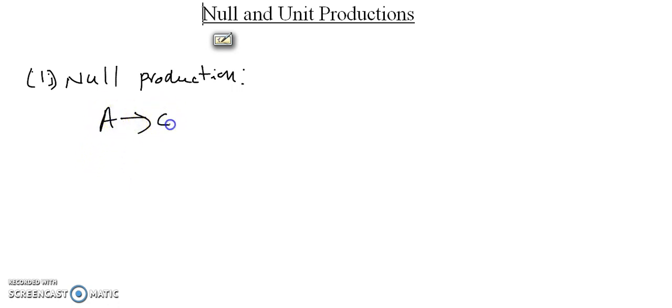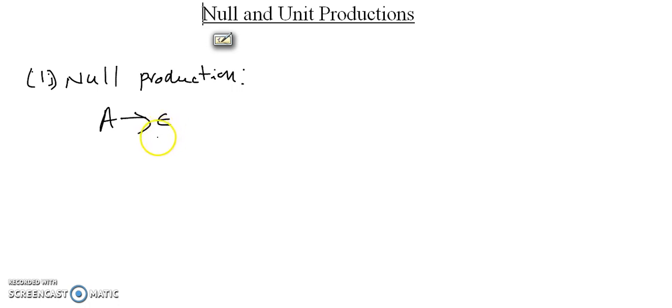And the first production is, what is null production? If the production is of the form capital A tends to epsilon, which means that the variable generates epsilon, it is called null production.